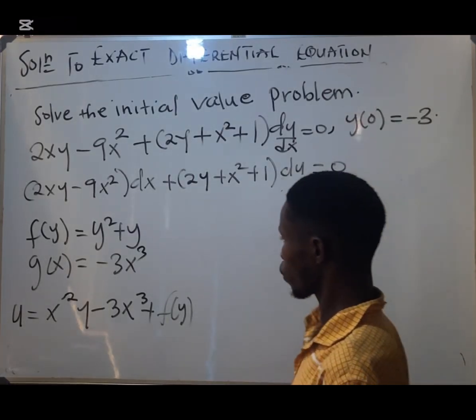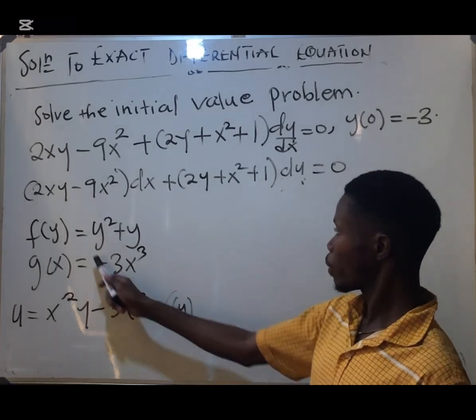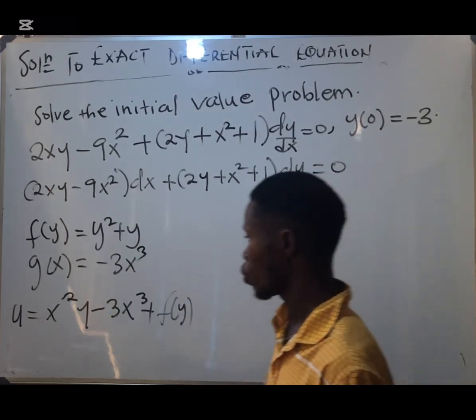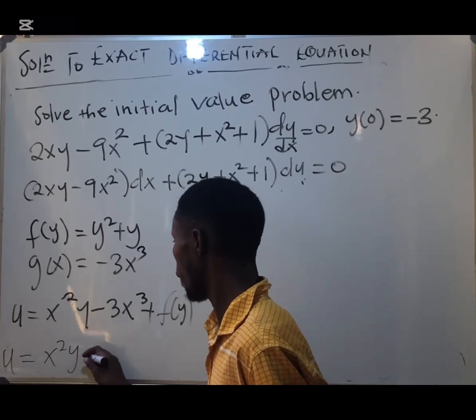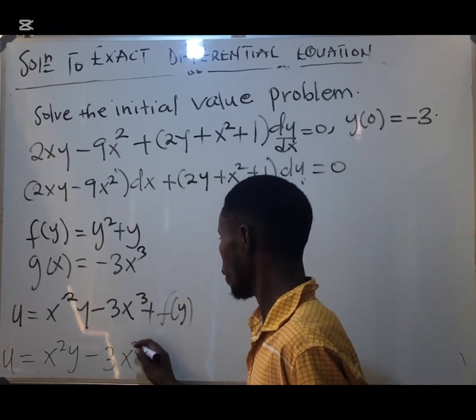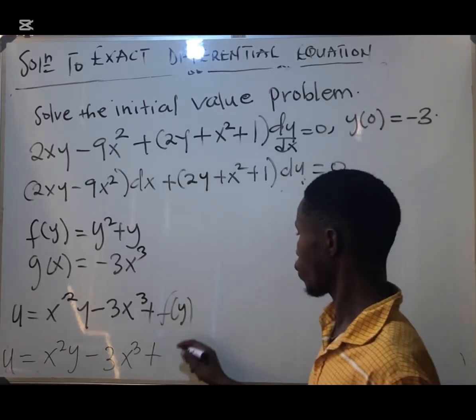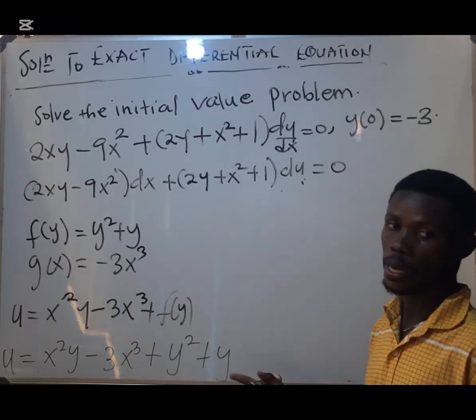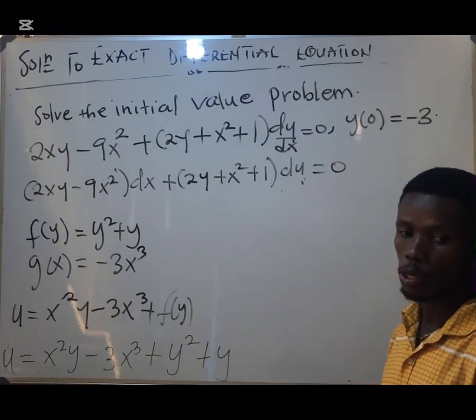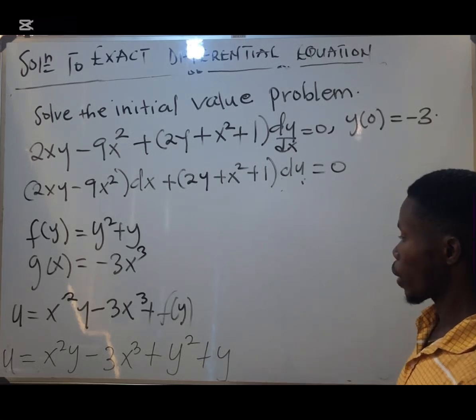So u is equal to x squared y minus 3x cubed plus f of y, which is y squared plus y. You can also decide to pick the other one and use this one to do it.